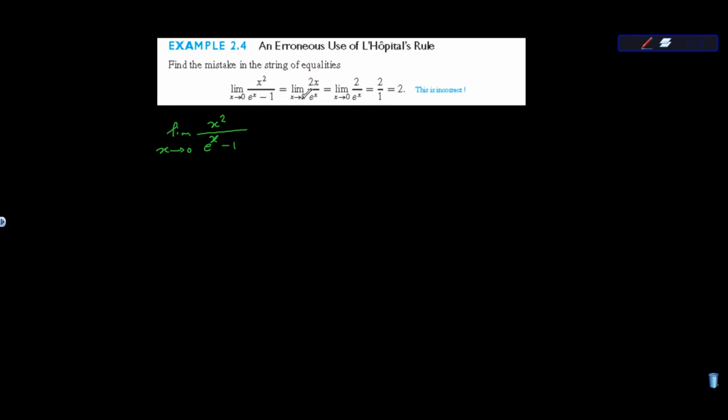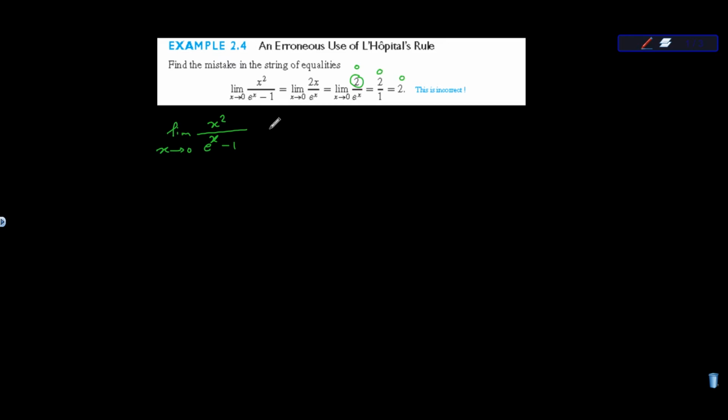Okay, when we substitute x by 0, here 2 times 0 is 0. I think here is the mistake, because here it should be 0, not 2. So the final answer is 0.